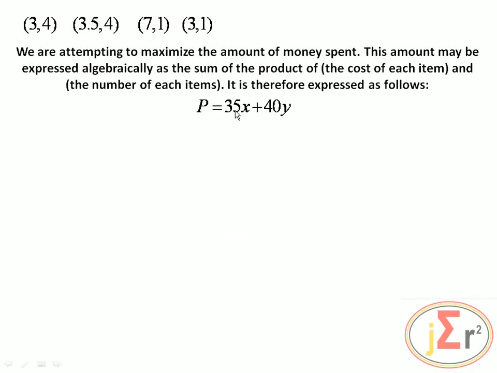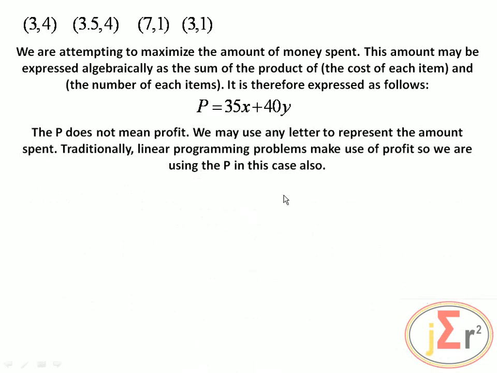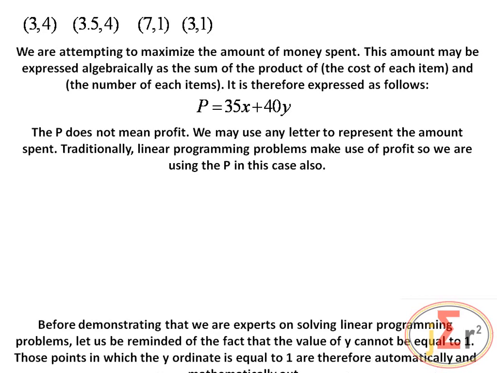So this is the number of items and this is the number of items, and we are multiplying the number of items by the cost of item, the number of items by the cost of item, and that is our objective function. The P does not mean profit. We may use any letter to represent the amount spent. Traditionally, linear programming problems make use of profit, so we are using the P in this case also.